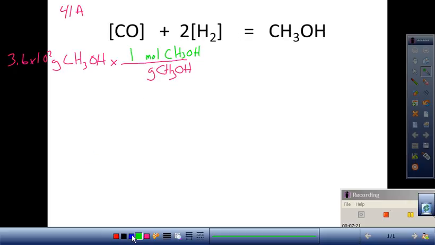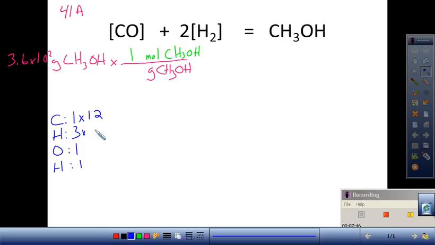It's always 1 mole. Grams is always to 1 mole. How many grams? Well, I have to go to my periodic table. I take my formula. I have C. I have H. There's 1 C, 3 H's. There's 1 O. There's another H. I go to my periodic table. I look up carbon.